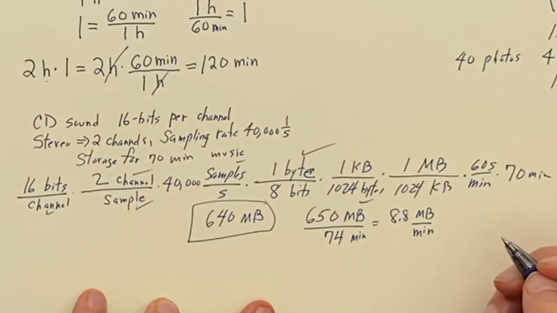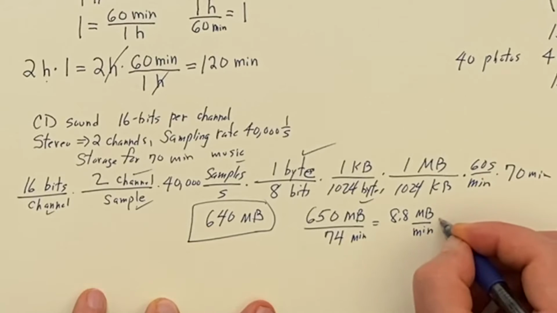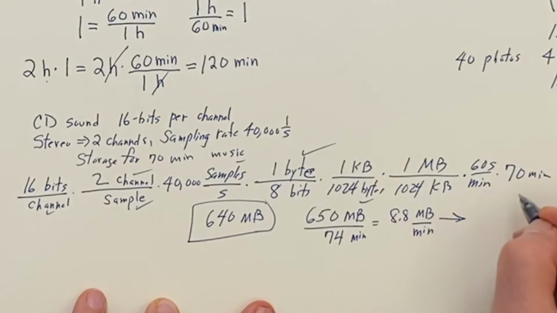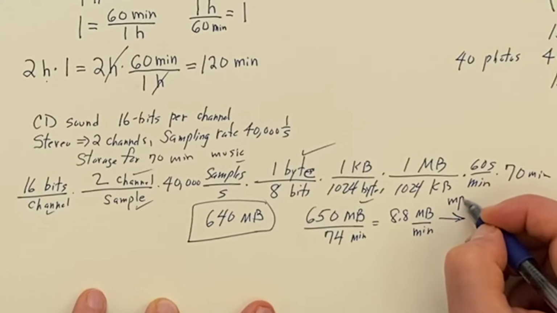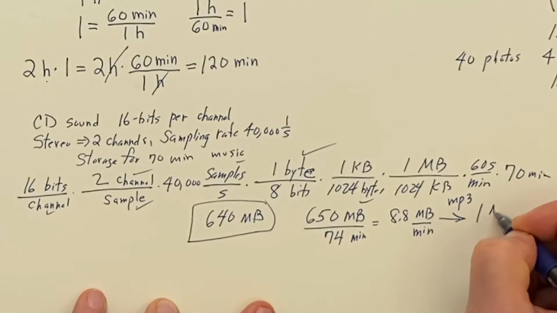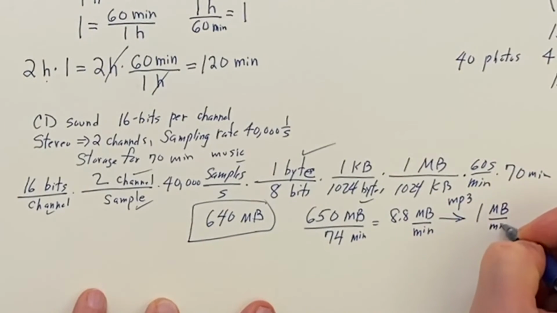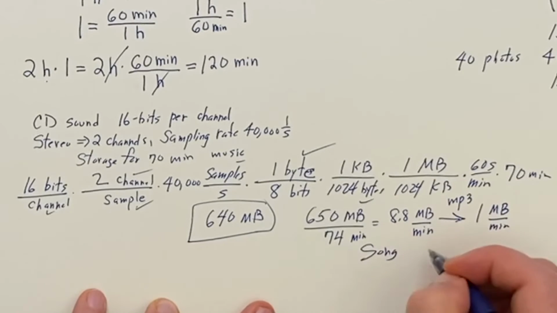And if you do the compression, with MP3 compression you get this down to about 1 megabyte per minute, so that a 3-minute song is going to be 3 megabytes.